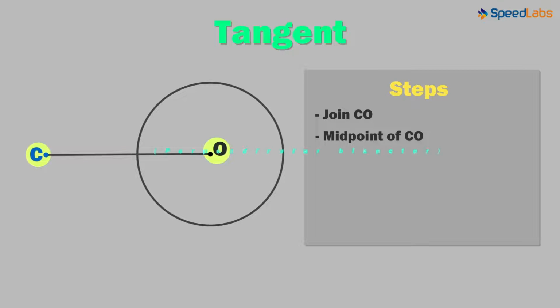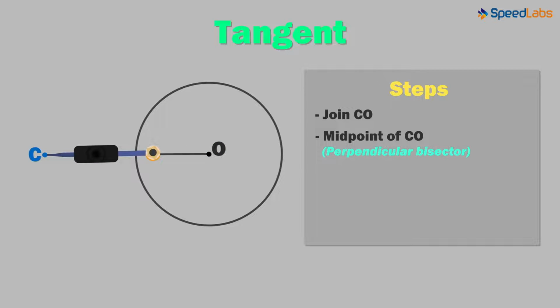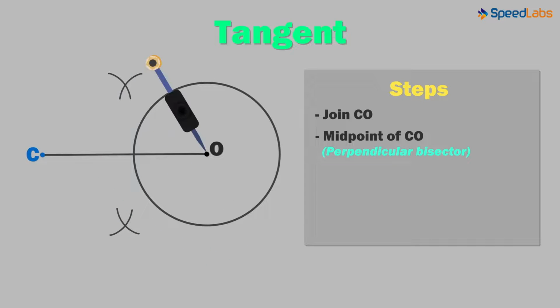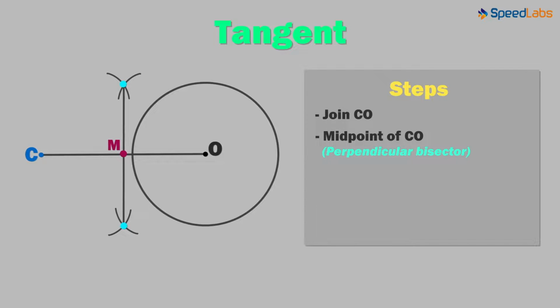Yes, we draw the perpendicular bisector of CO. With the help of a compass, taking a width approximately greater than half of CO, we draw 2 arcs above and below like this. And then we do the same by keeping the compass at the other point. We get 2 points like this. Now we join these 2 points. This point M is the midpoint of the segment CO.